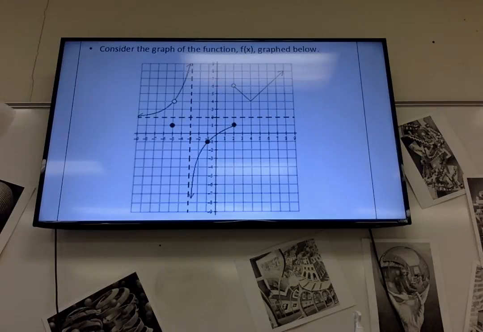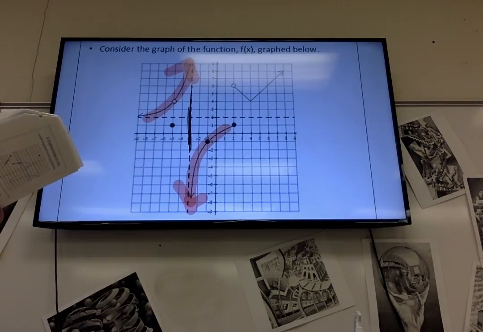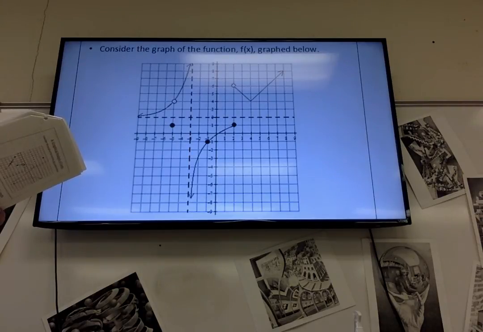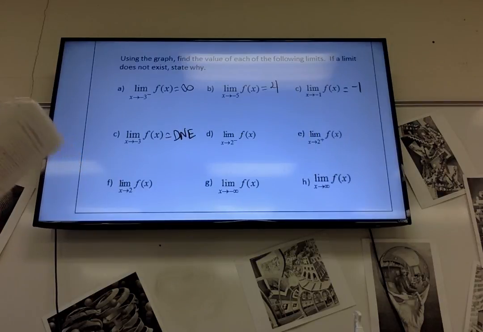Oh, I went to 5. Okay, sorry. Here's negative 3. I was like, that doesn't make sense. If I approach negative 3 from the left, it's positive infinity. And if I approach it from the right, it's going down, it's negative infinity. So since they're not the same, it does not exist. Good job. And it says, if it does not exist, explain why.